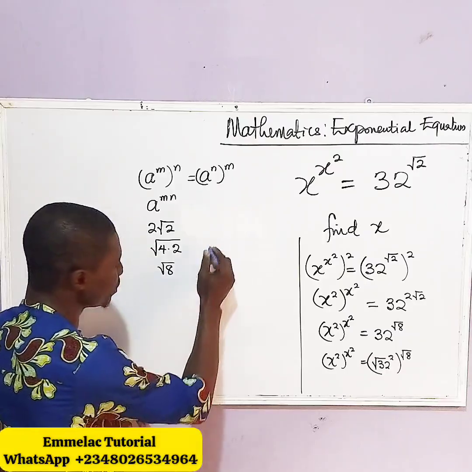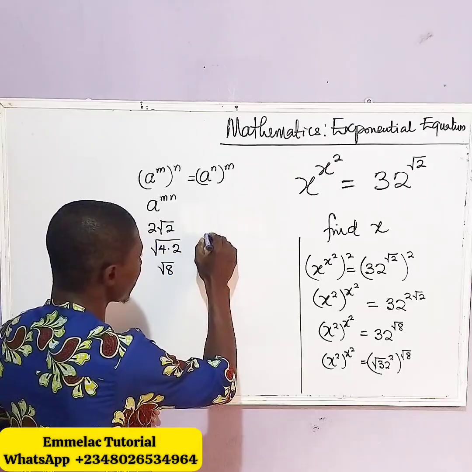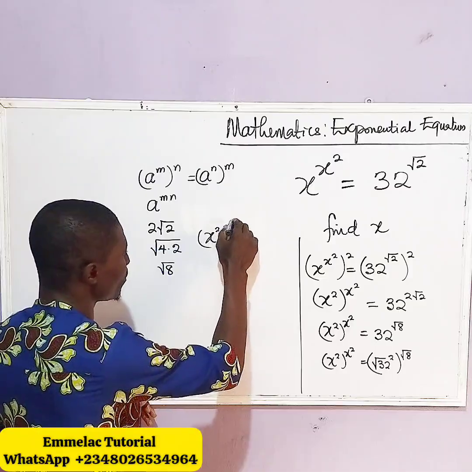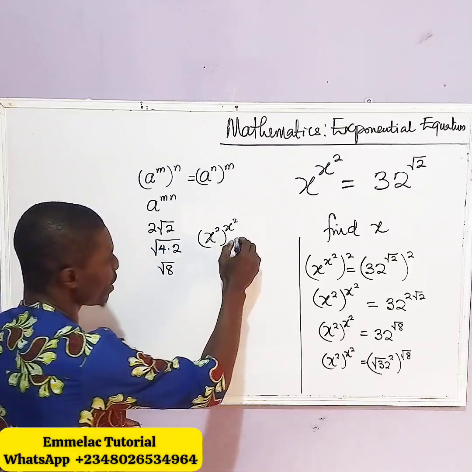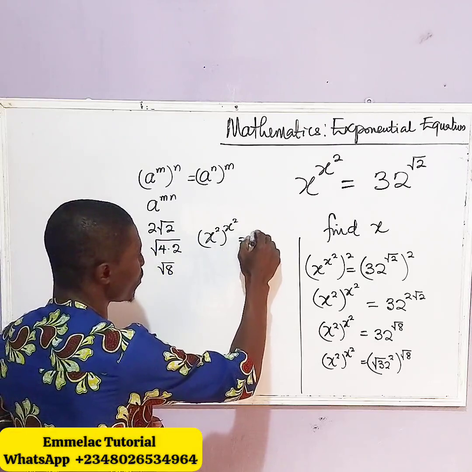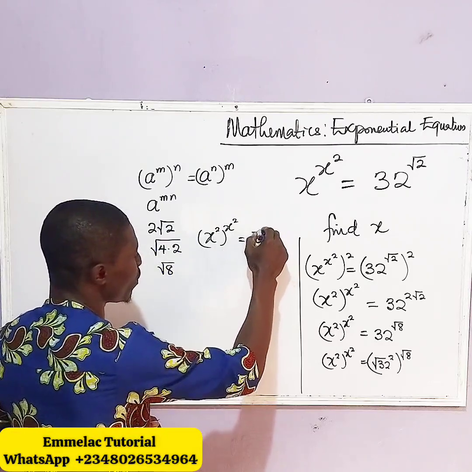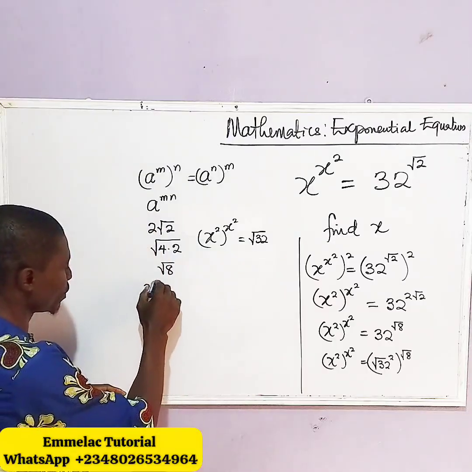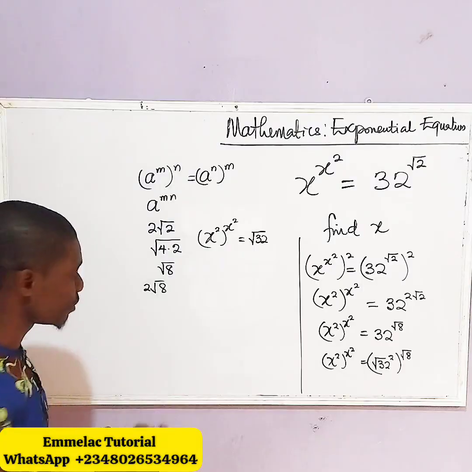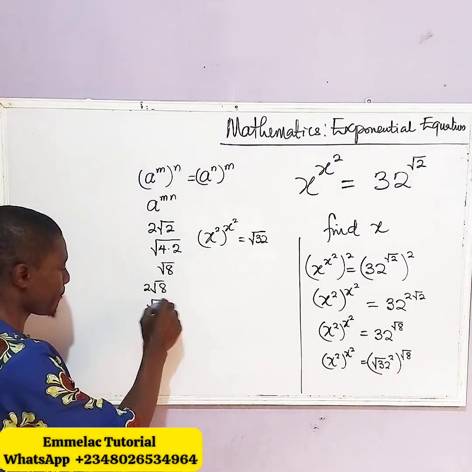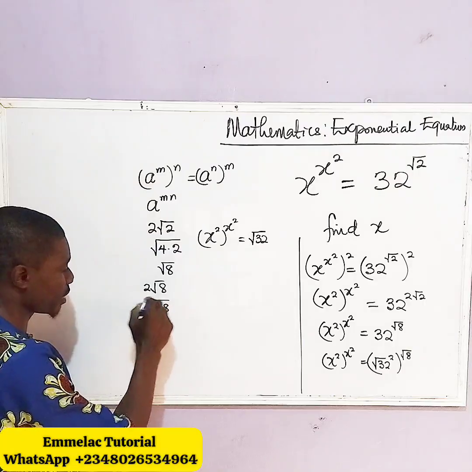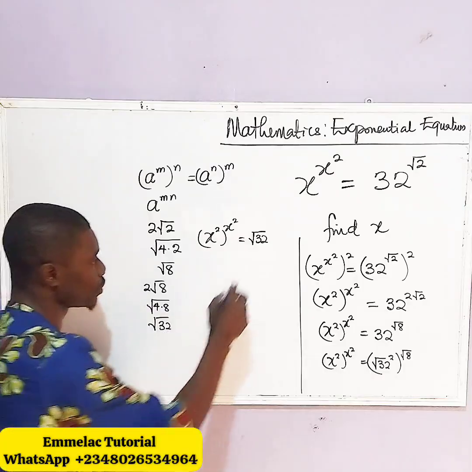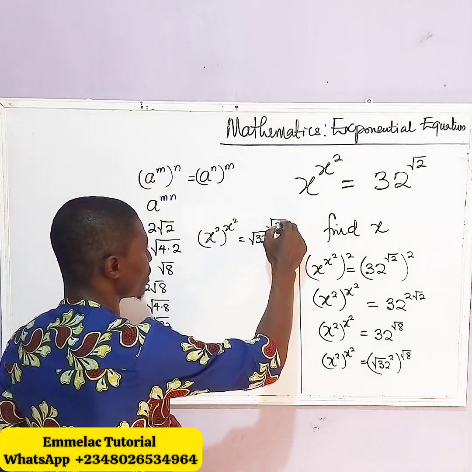Now this will give us x raised to the power of 2, raised to the power of x raised to the power of 2, equals the square root of 32 raised to the power of 2 root 8, which can also be written as 4 times 8, giving us 32. So here we have the square root of 32.